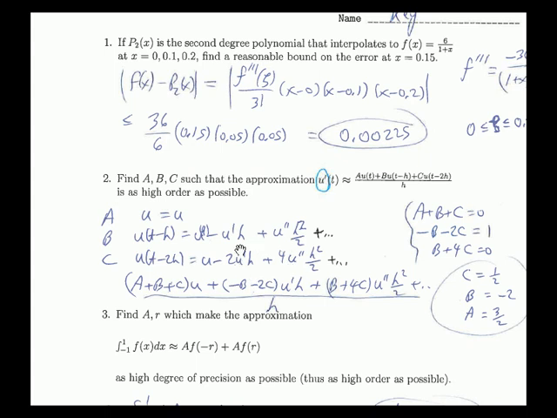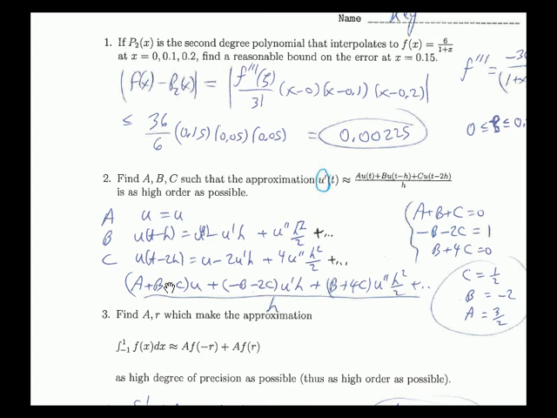And in both of them, the odd terms are negative, the even terms are positive. Then you take a times u at t plus b times u at t minus h plus c times u at t minus 2h, put them all together, and remember you're trying to make this equal to the first derivative, which means you want the coefficient of u to be 0. You've got three coefficients, so you should be able to satisfy three equations.